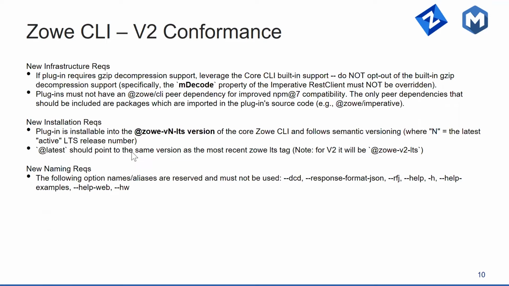New installation requirements: if you're V1 LTS conformant, your plugin is installable to V1 at @zowe/cli@zowe-v1-lts, and your plugins, if they're on the marketplace, are tagged as @zowe-v1-lts. We're sticking with that trend, so you should have a @zowe-v2-lts in the future.